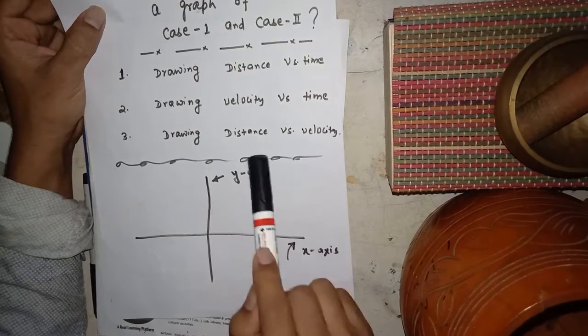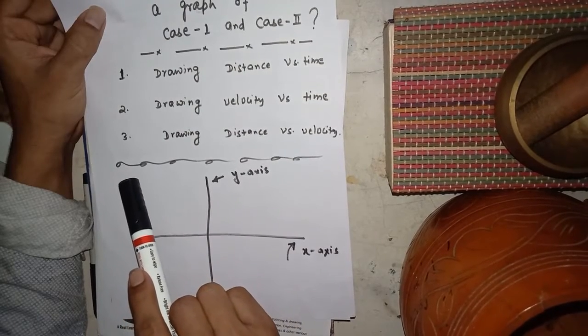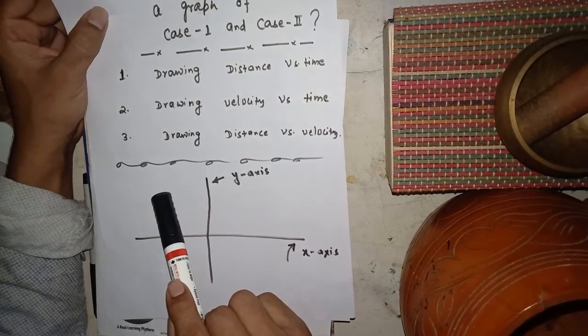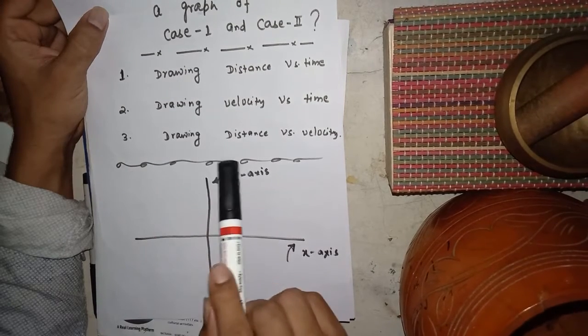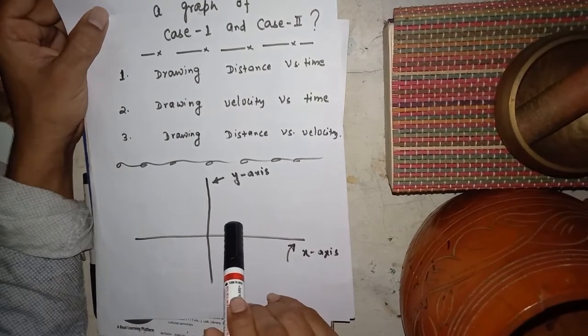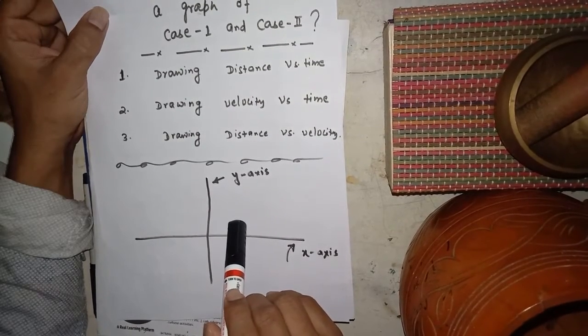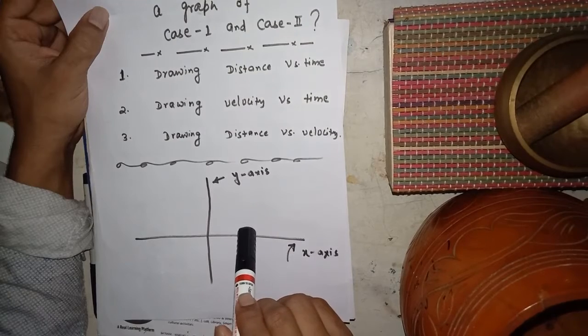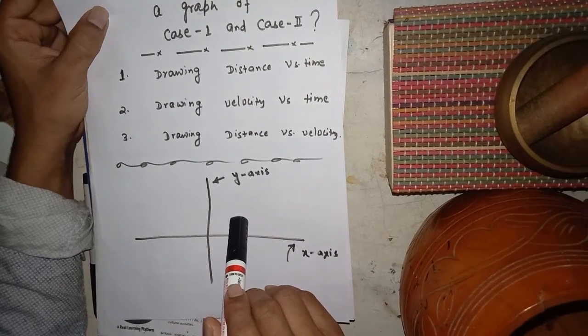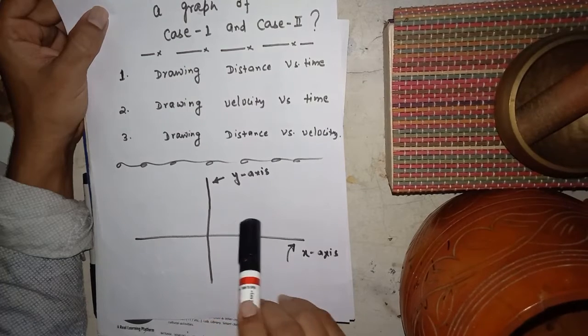From the given information which you have already solved from case 1 and case 2, you have to take several points on the graph, or several coordinates. You have already studied the coordinate system. Have you got my point?